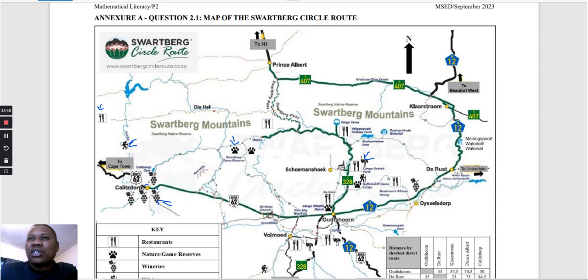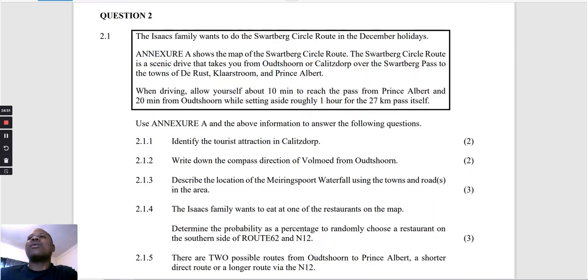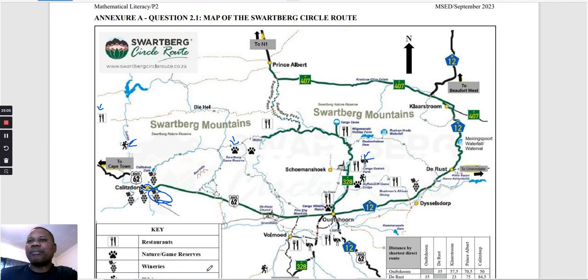So what type of tourist attraction can you get? We get these things. What are these things? The wineries. So the wineries are what we're going to get there. Remember, there needs to be something there that will attract the tourist. So what we see there is the wineries.